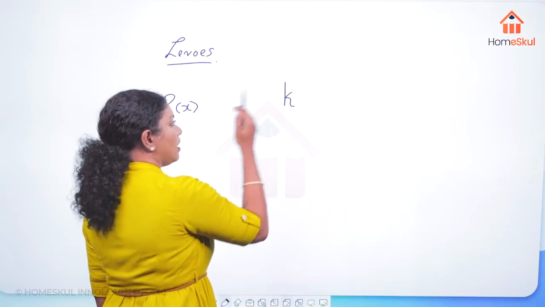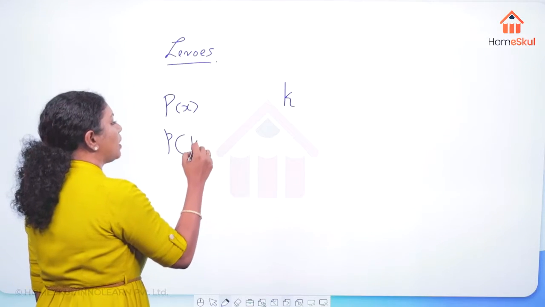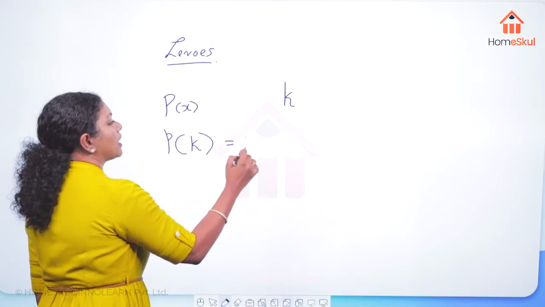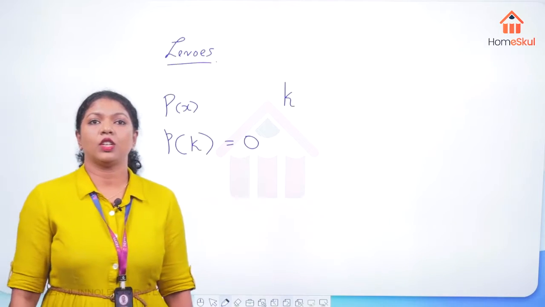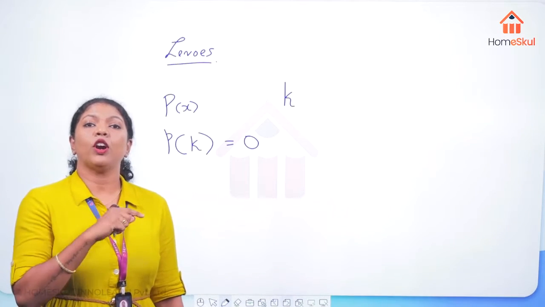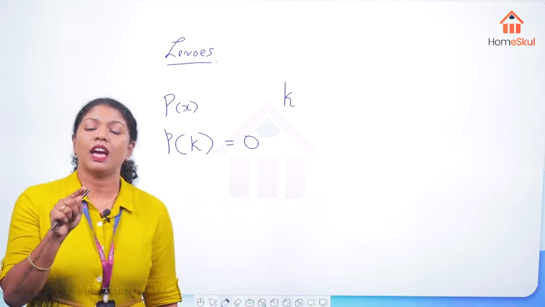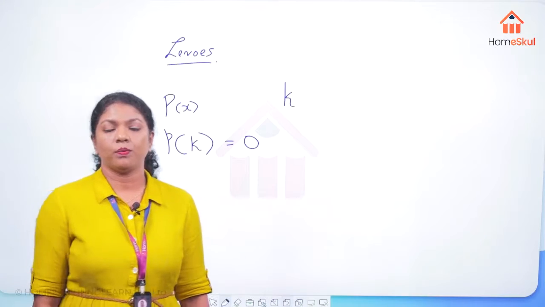Take any number, let it be k. If k is a zero, it means if you substitute x equal to k, you will get the value equal to 0. The value k which will give p of x equal to 0, that means p of k is equal to 0. That value is known as a zero.